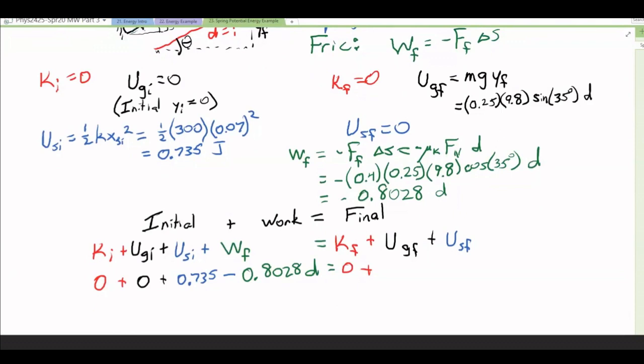So I need my mass times 9.8 times sine of that angle, 1.405. This number up here is 1.405 d. 1.405 d plus this spring energy plus 0.